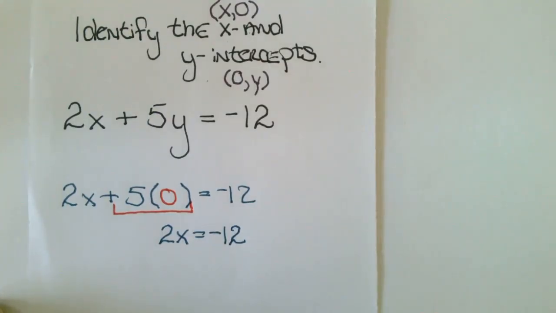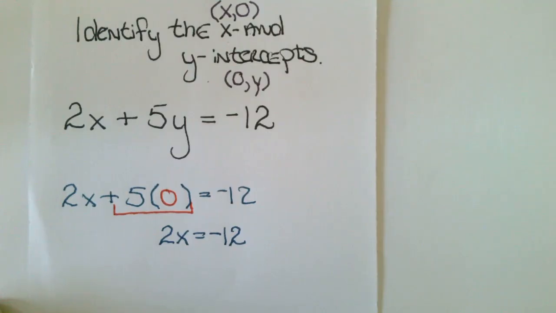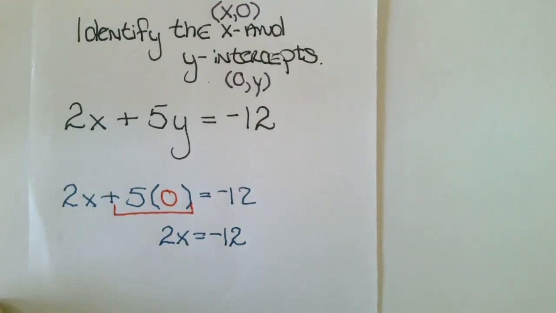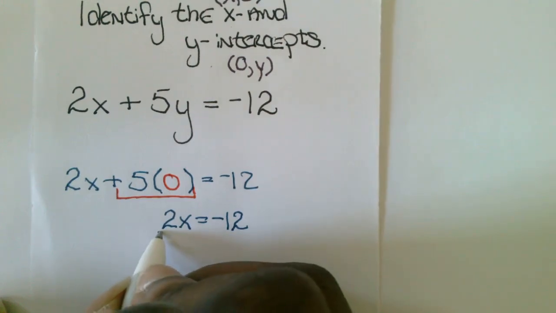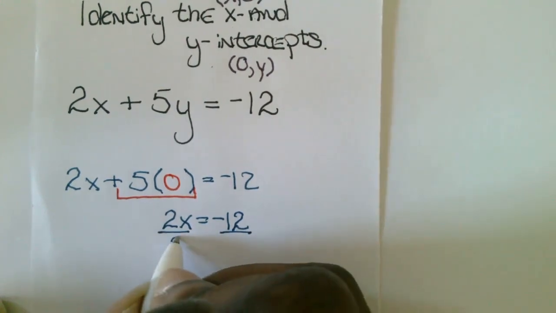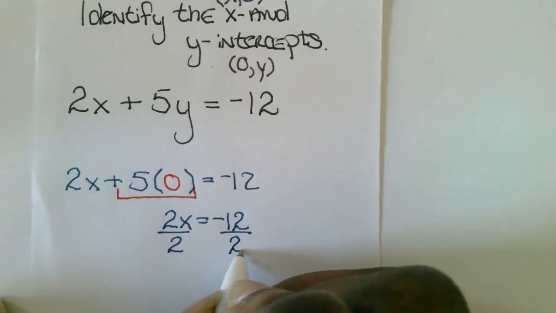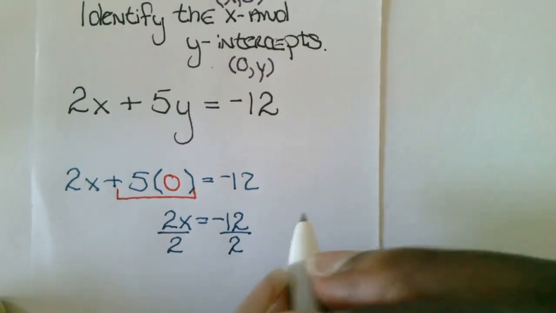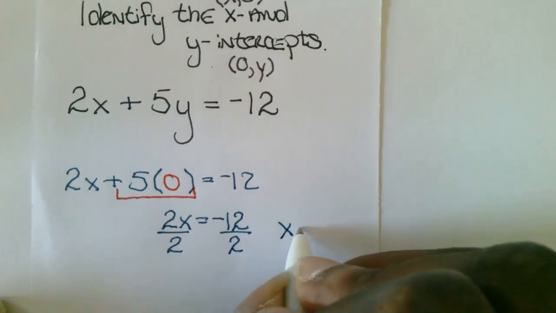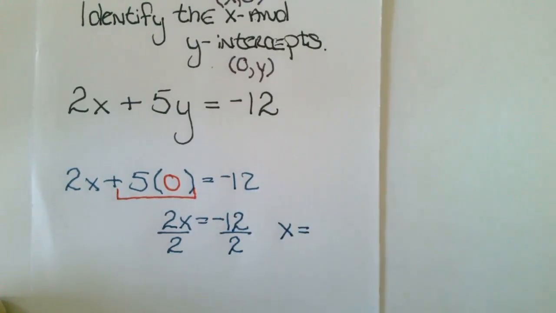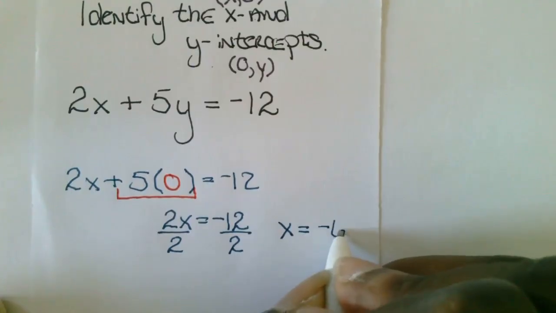Okay, so since they want us to find out what the x-intercepts are, we're going to be plugging in 0 for y and solving for x. So then from here, we're going to divide both sides by 2. And our x is going to equal negative 6.